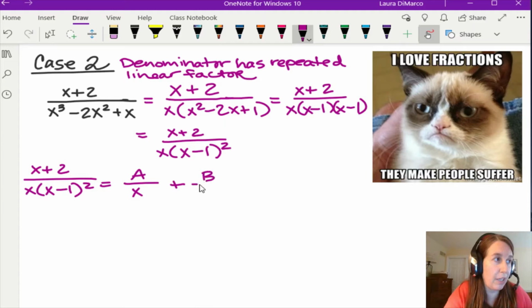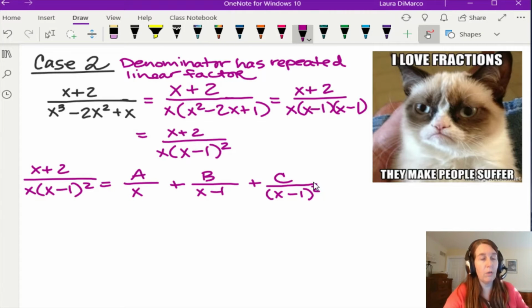So we're going to have B over x minus 1, and then another fraction, C over x minus 1 squared. With the repeated factors, you have to keep repeating them until you get to that exponent. So let's say if it was x minus 1 cubed, we would have these two terms, and then we would also have D over x minus 1 cubed.